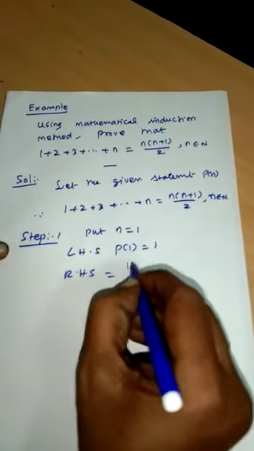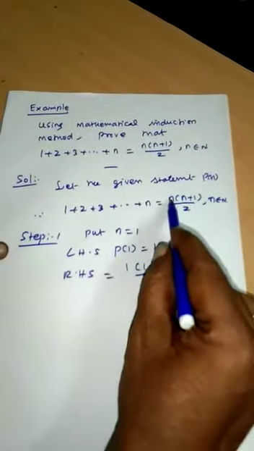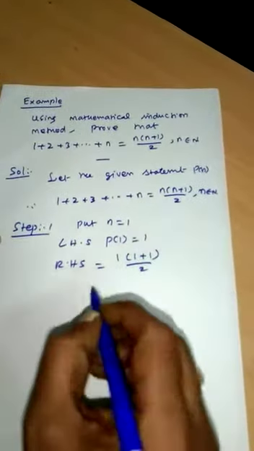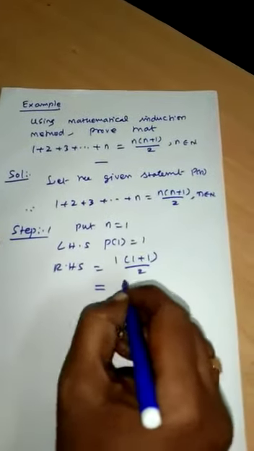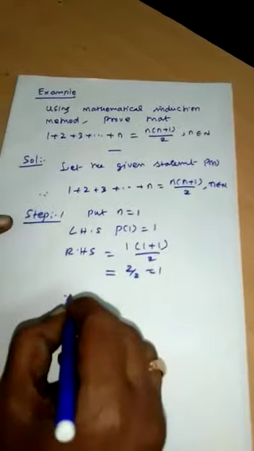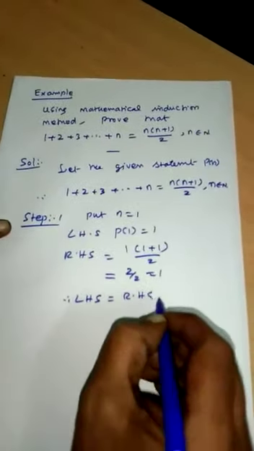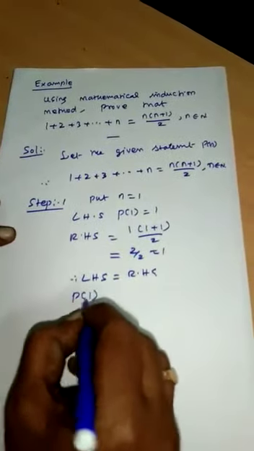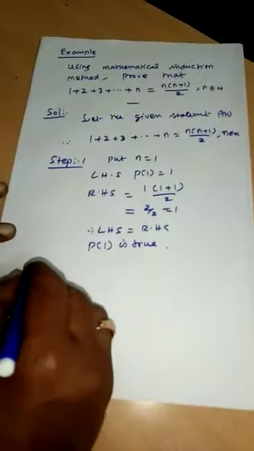We get 1 into 1 plus 1 by 2, that is 2 by 2, which is equal to 1. Left hand side is equal to right hand side. Therefore P1 is true.